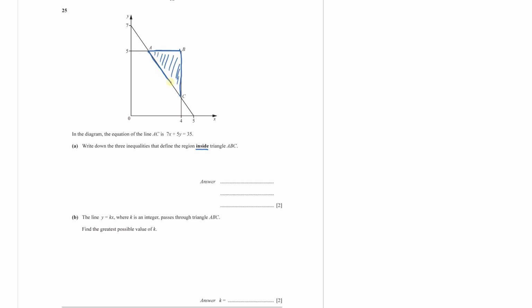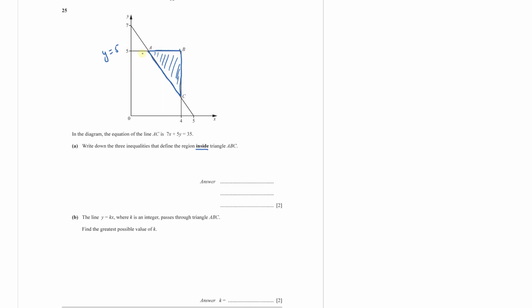So I can easily find the equation of line AB since it is horizontal. So this equation is y equals 5. And since the shaded region is below this line, and you have to define the region that is inside the triangle, the boundaries are not included.